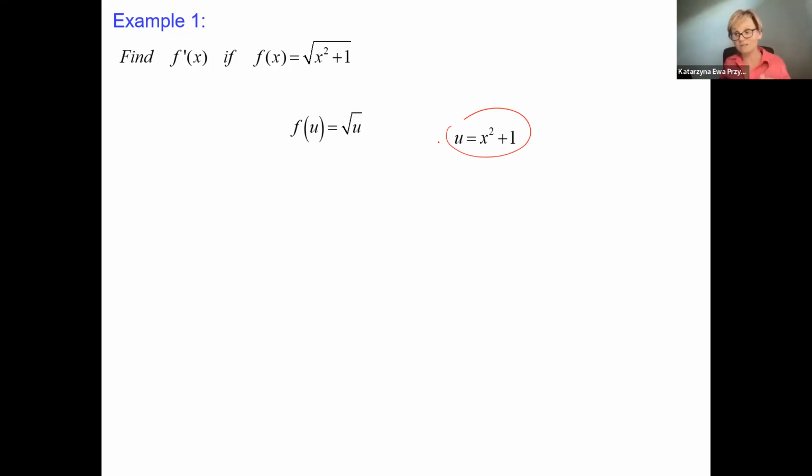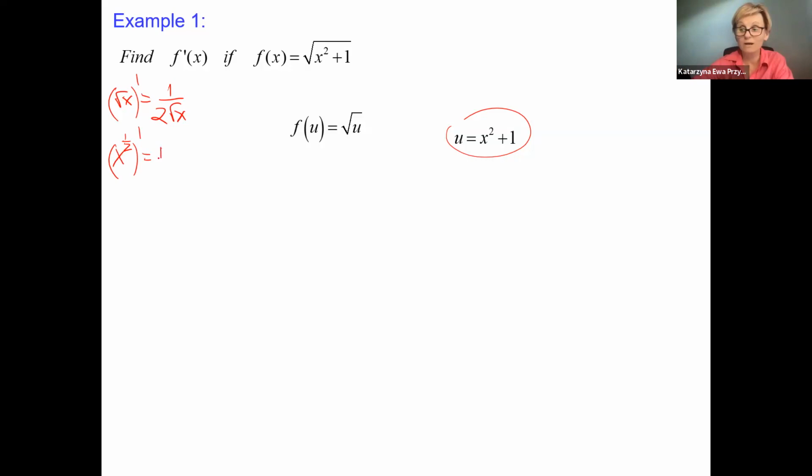Now we can differentiate square root of u. We will still differentiate u, but let's at least start this. What's the derivative of square root of u? When we have, for instance, square root of x, what's the derivative? 1 over 2 square root of x. Everybody's okay, because square root of x is x to the power of 1/2, and we can use the power rule.